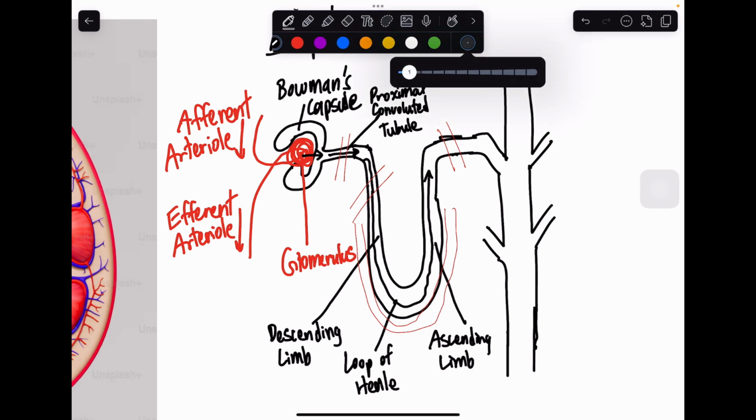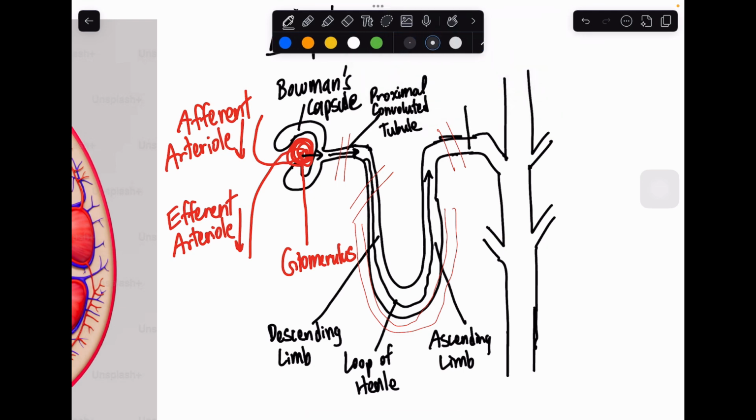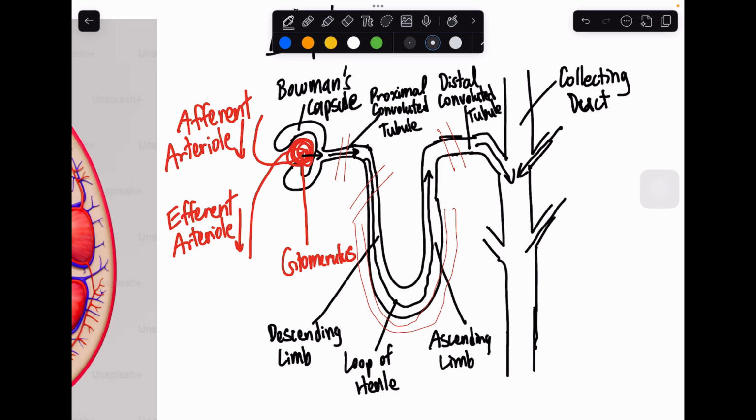Anyways, if we keep going with our story of filtrate movement, it then enters what's called the distal convoluted tubule. And this happens before the filtrate dumps into what's called the collecting duct. Now, it's important to keep in mind that many different distal convoluted tubules dump into this collecting duct.